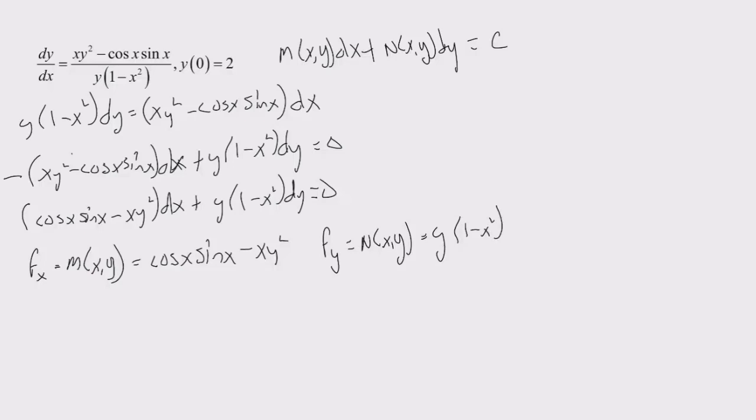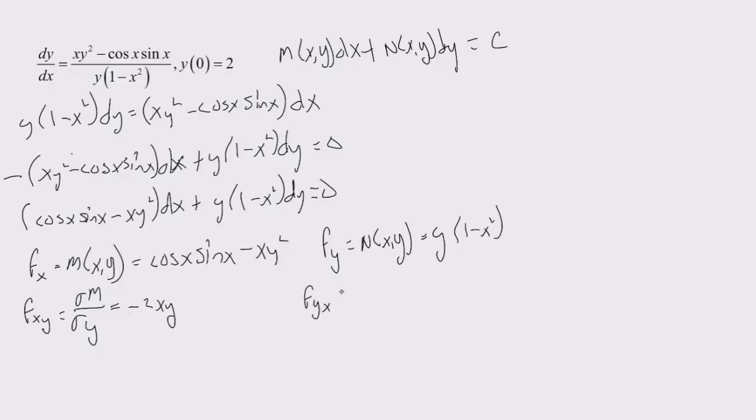Okay, so then I want to do the other direction partial. So I want to find the partial of M with respect to y. Cosine x sine x, that's all in terms of x, so that would be considered a constant. And so minus xy squared would just be negative 2xy.